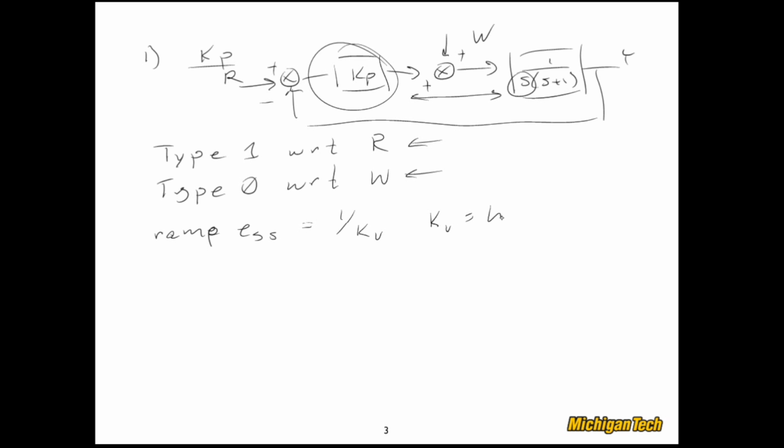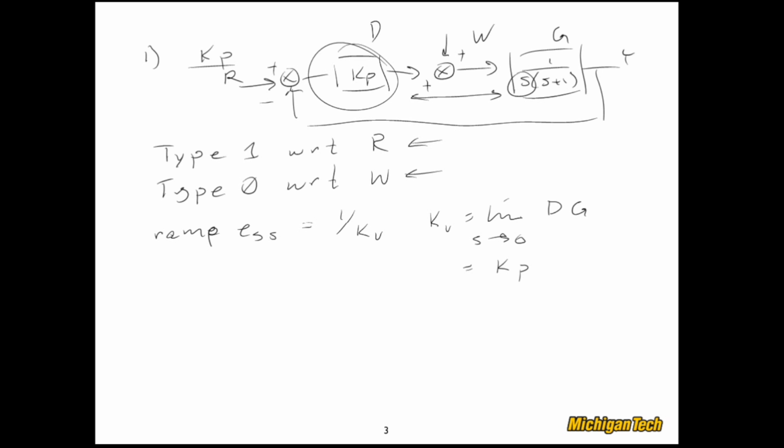And kV is equal to the limit, as s goes to 0, of d times g, where this is d and this is g. So kV is just kp, the proportional controller gain.